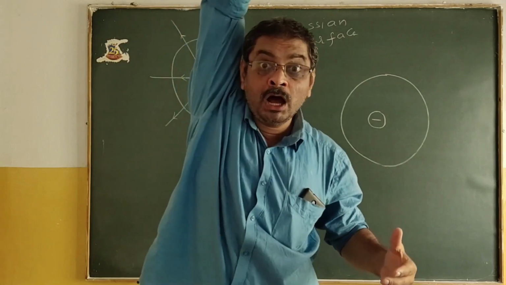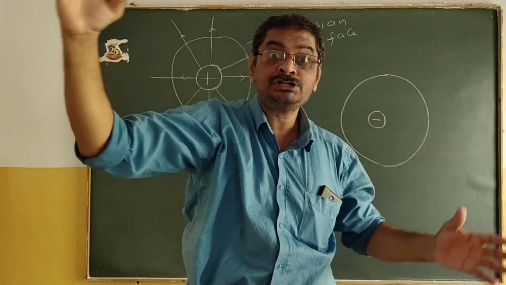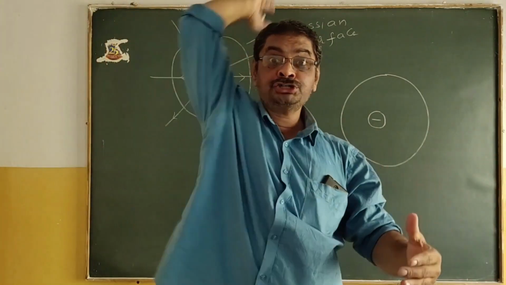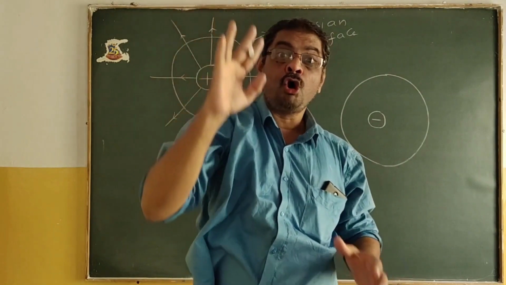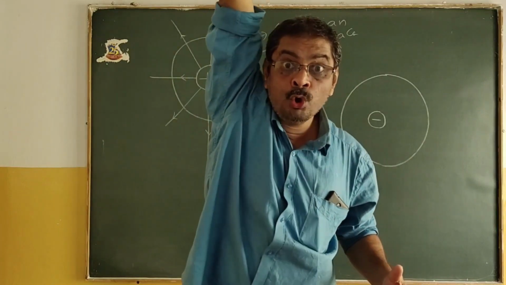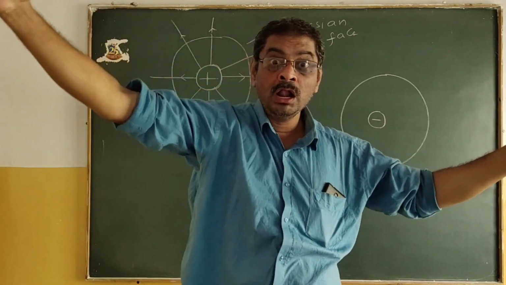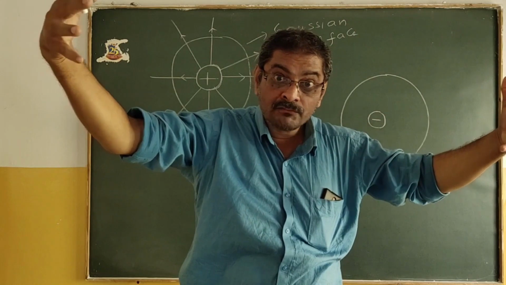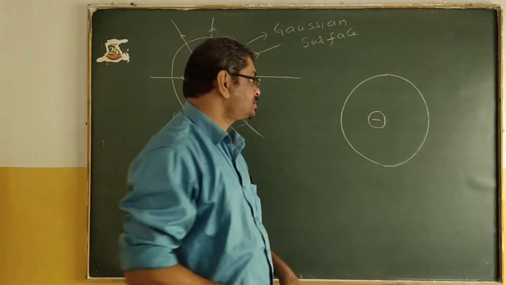Remember, due to the negative charge, all the lines of force will be radially inward, or we can also say all the lines of force will be converging into the Gaussian surface.